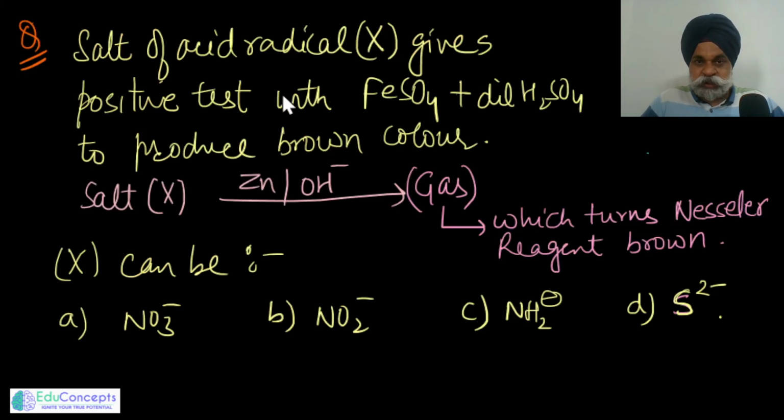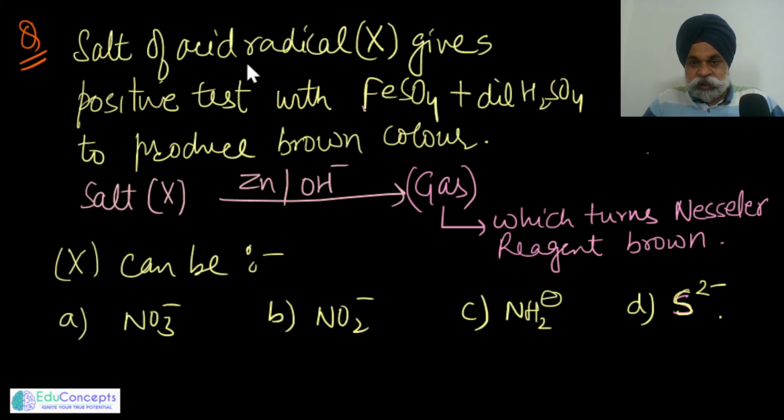In the next question, what is being said? We said a few minutes back that an acid radical gives a positive test with ferrous sulfate and dilute sulfuric acid to produce a brown color, and salt X. So here is the interesting question.